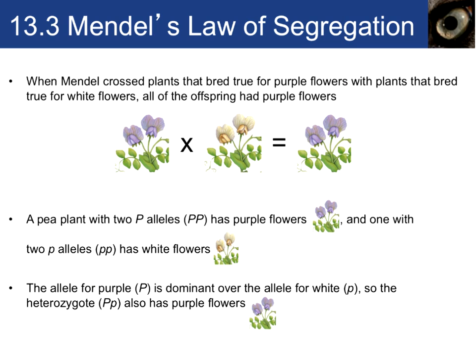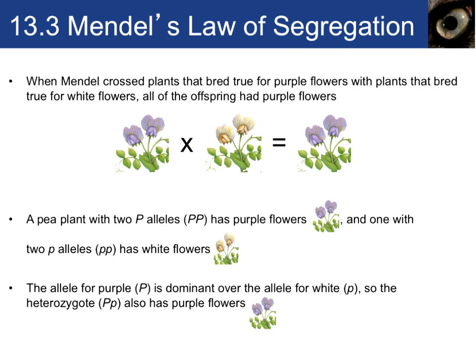So when Mendel crossed plants, he crossed plants that bred true for purple flowers with plants that bred true for white flowers. And when he did this, all the offspring had purple flowers. So Mendel did not really know why this pattern occurred, because remember, according to the theory at the time, you would expect some kind of light purple flower color.